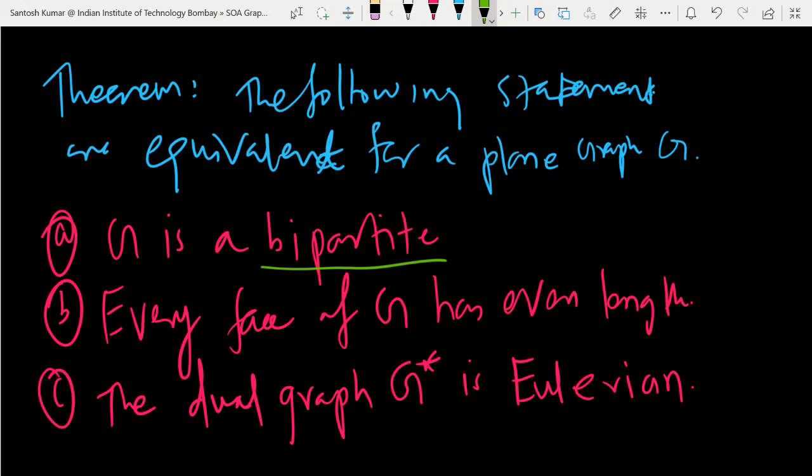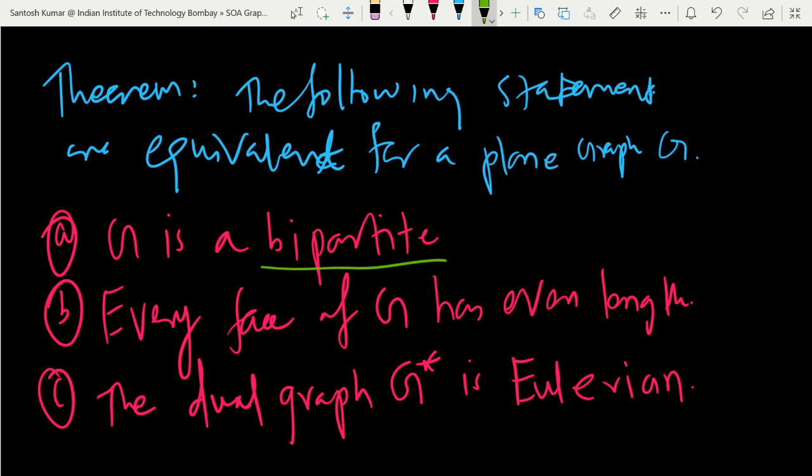There will be edges between vertices of the two different sets, and no edge within a set. Yes. So you can say the vertex set is the union of two disjoint independent sets, or the vertex set can be partitioned into two independent sets. That is the meaning of bipartite. Yes, you are also correct.